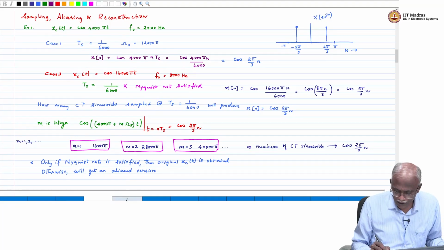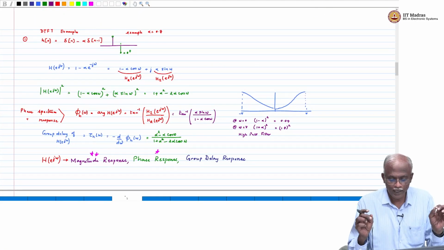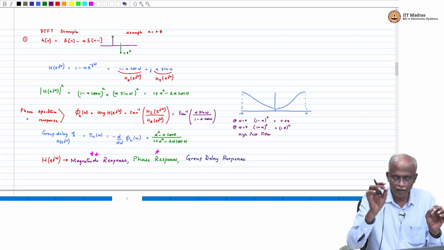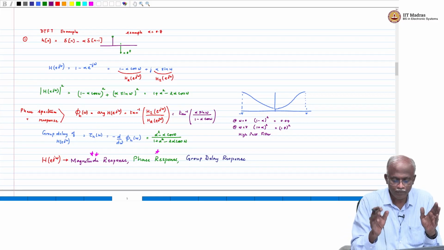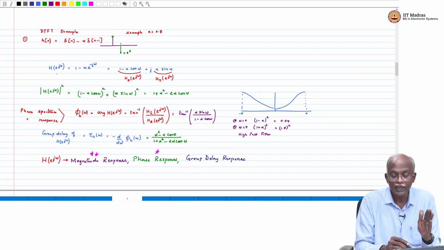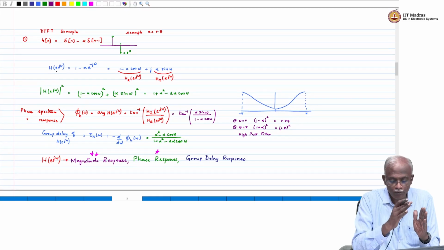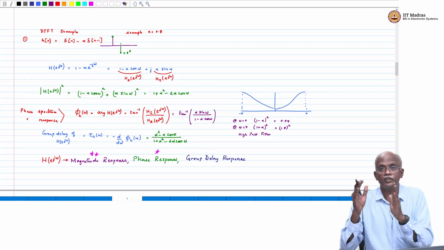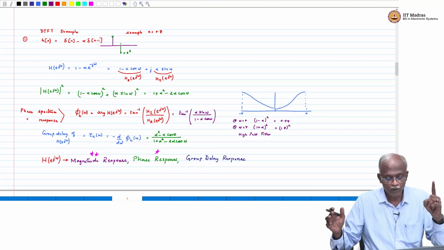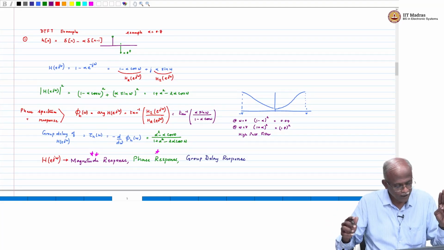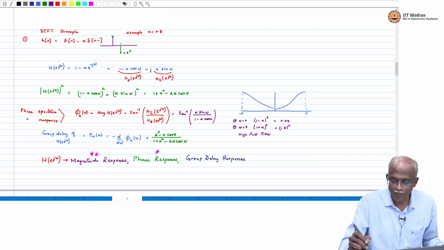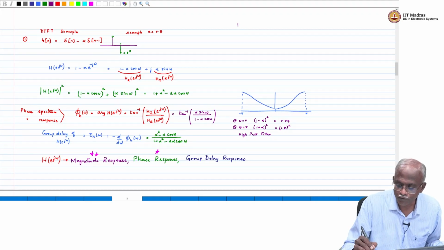Moving on. Then we saw a simple example where we looked at the impulse response of a discrete time LTI system. We said that we can compute the discrete time Fourier transform He of j omega, and from that we derived 3 spectra. The first one was called the magnitude spectrum, second was the phase spectrum, and the third was group delay. So keep in mind the 3 things that you can get from He of j omega.